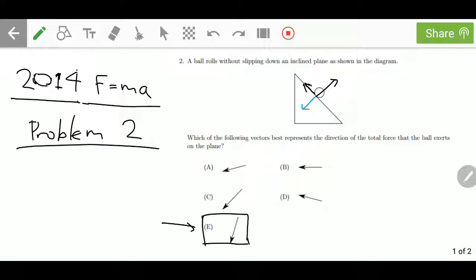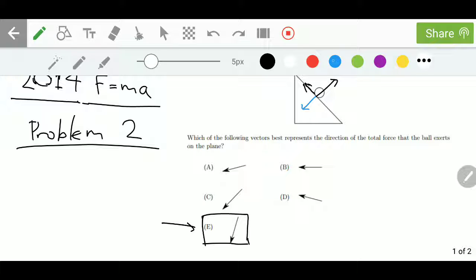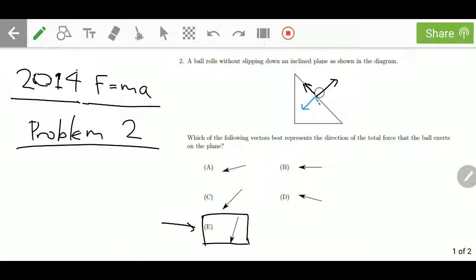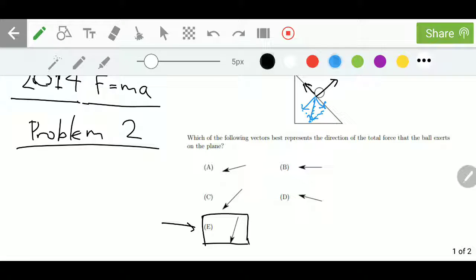Both of these forces point upward, meaning that both of the components of the force that the ball is exerting will point downward. And so we see that it should point downward quite a bit. And so that shows that E should be the answer.